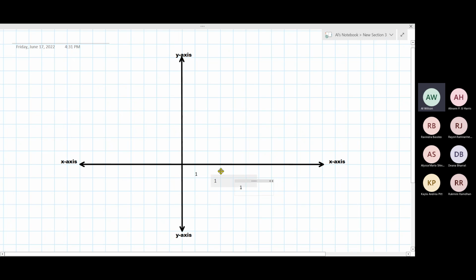After 1 we have 2, and after 2, what? 3. Good. So going across here, we would have the numbers. I'll finish off on this one side. So then here we have the number 4. And then here we're going to have 5.